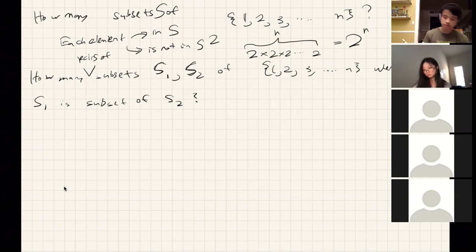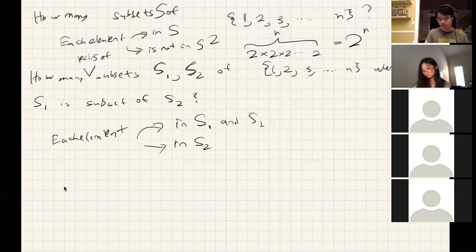But the way you do this again is to look at each element by element, right? Each element in the big set can either be in S1 and S2, it can be in S2 only, but not S1, or it can be not in S1 or S2.